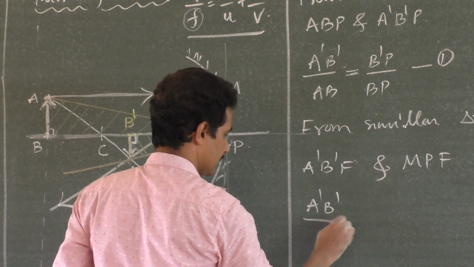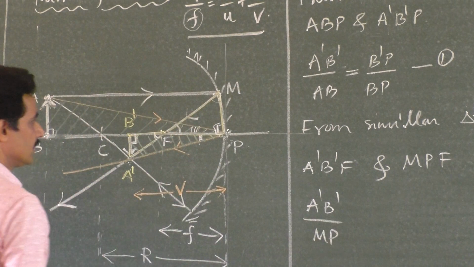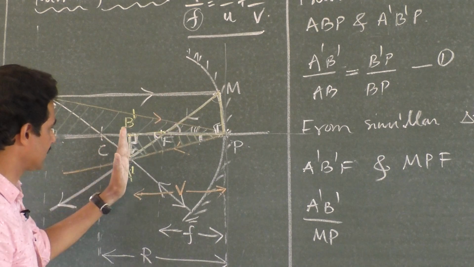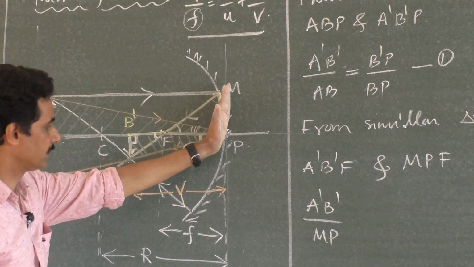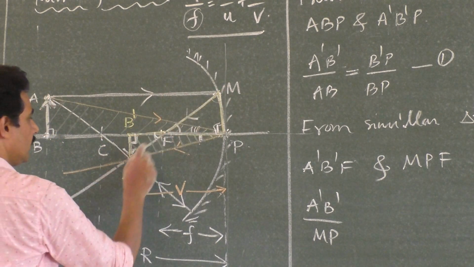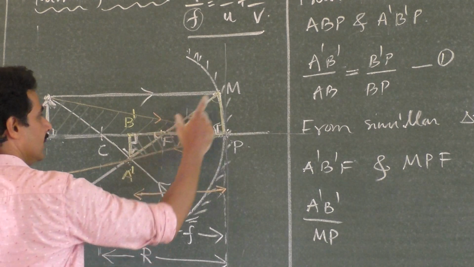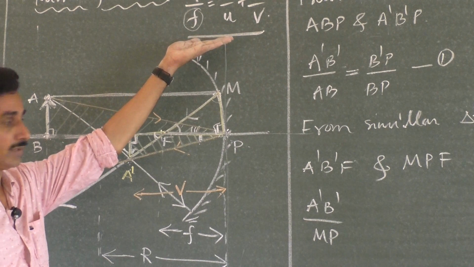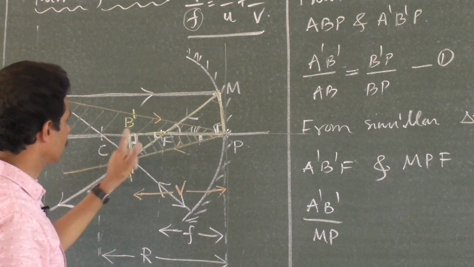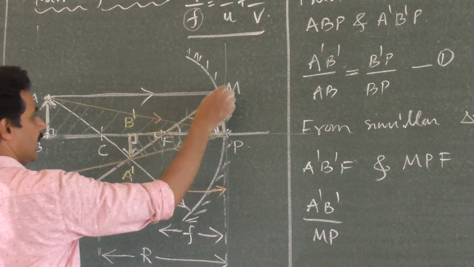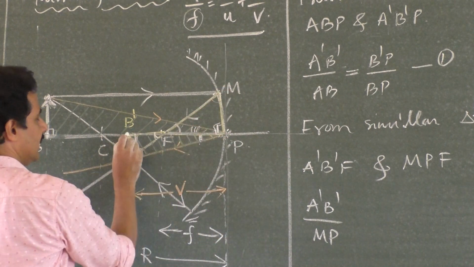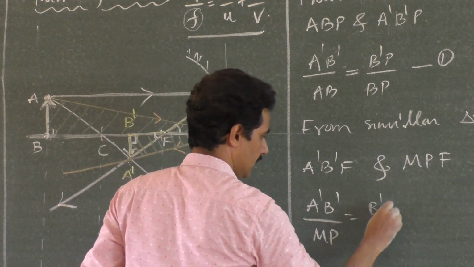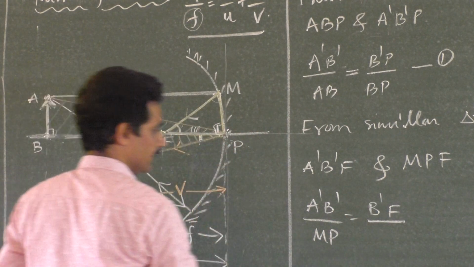A dash B dash by MP, because these are the lines perpendicular to these adjacent sides. So A dash B dash by MP is equal to, I need not take this side because these distances are nothing in terms of object distance, image distance and focal length. So take this: the ratio of A dash B dash and MP must be the same as the ratio B dash F by FP. Hope you have followed this.